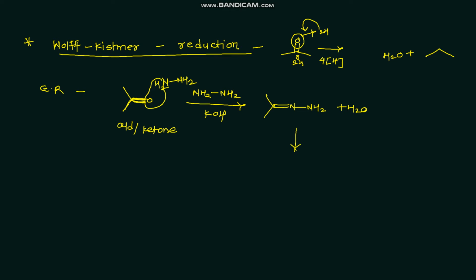Then it reacts with KOH in ethylene glycol. This is ethylene glycol, this is the base. Under heating condition, what happens? This hydrogen adds here and this N2 is eliminated in the form of gas. Nitrogen gas is evolved and here 2 hydrogen is added and we get alkane.